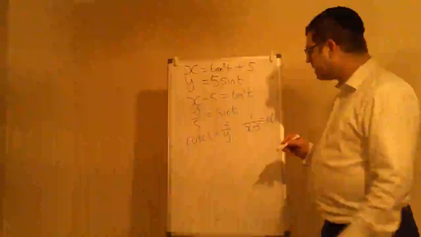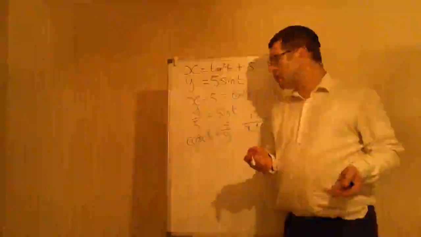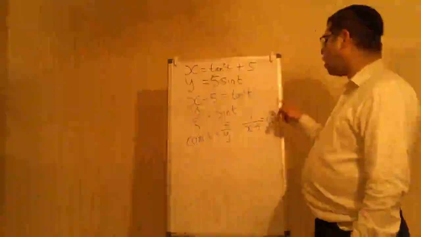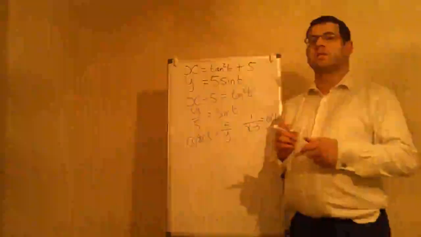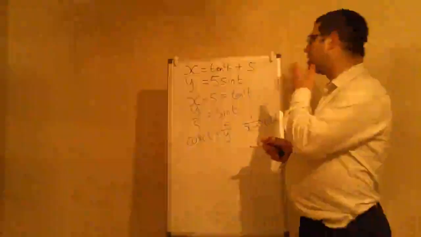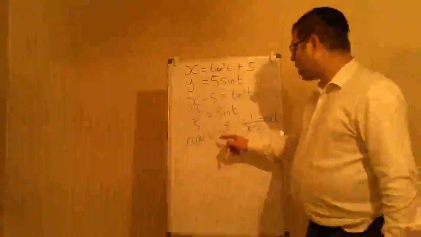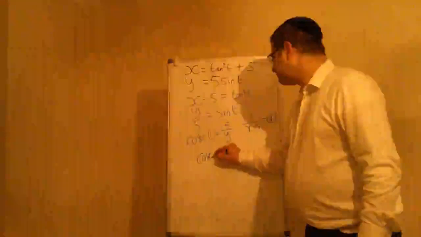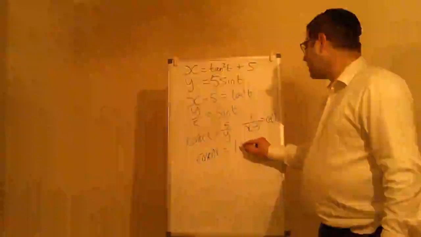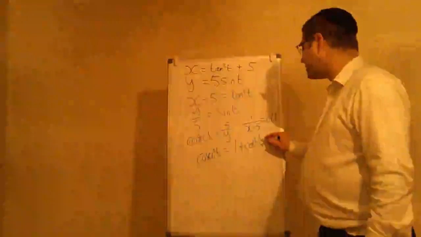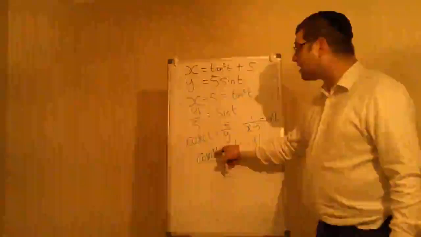Now suddenly, this looks like good news. Why? Because cosec and cot have an identity. Cosec squared is 1 plus cot squared. The advantage of this method is you only need to use one identity. So cosec squared is 1 plus cot squared. Let's fill it in. Cosec squared, it's squared, notice.